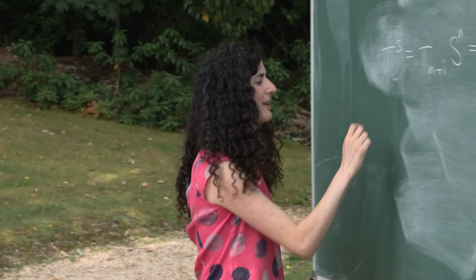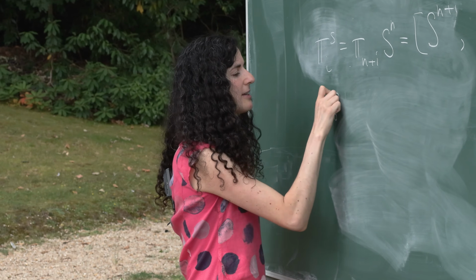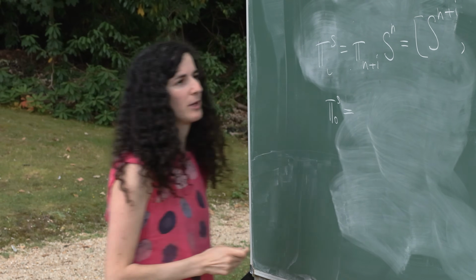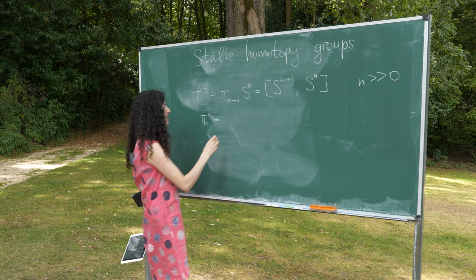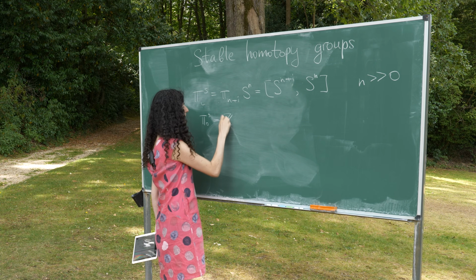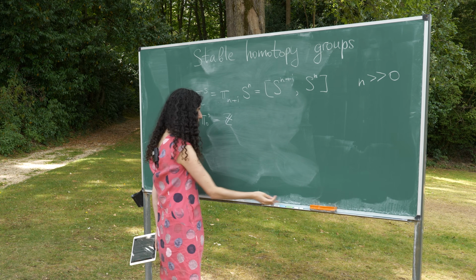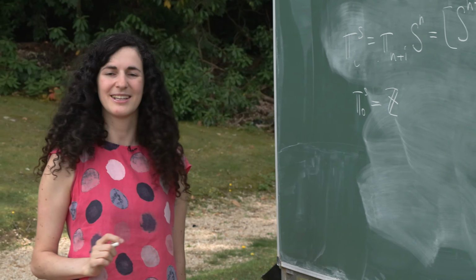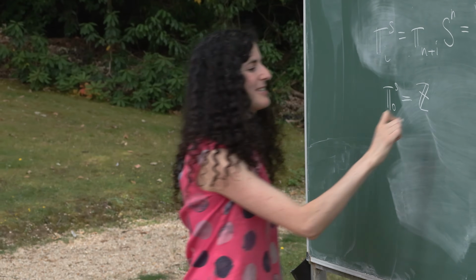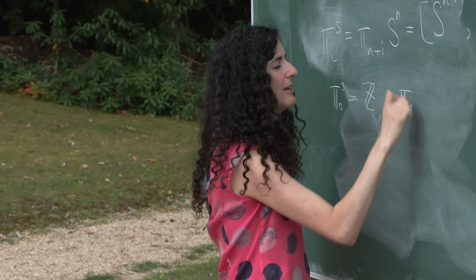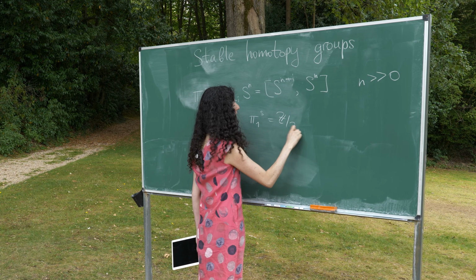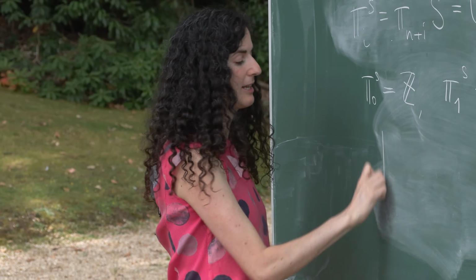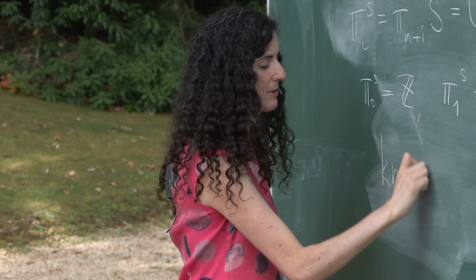So for example, the zeroth stable homotopy group will be given by classes of maps from S^n to S^n, and that is just the integers, and those are classified just by the degree. And the first stable homotopy group is Z mod 2, and they are known approximately up to the 90th stem.